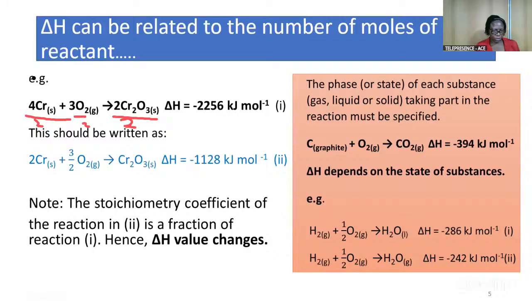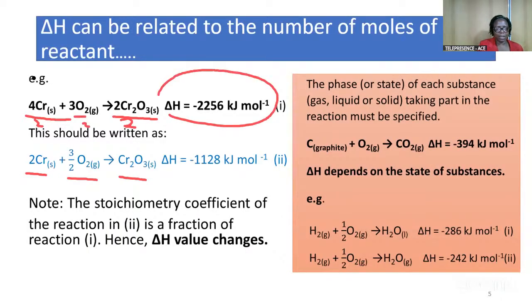So the stoichiometric coefficients divided by 2, you now have 2 of chromium, 3/2 of oxygen, and 1 mole of Cr2O3. So you will not be able to leave the delta H as the same because you have changed the number of moles involved in that reaction.